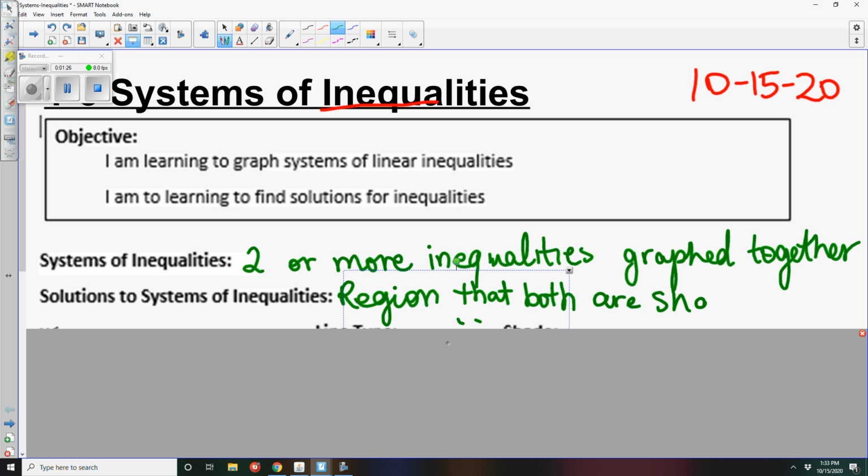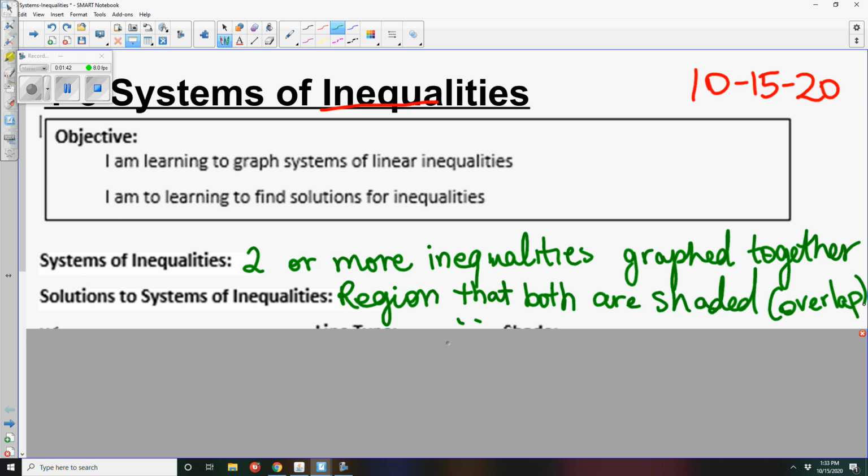And one way to kind of look at it is like where they overlap. Because your one inequality will be shaded, your second inequality will be shaded, and you want that shared region where they're both shaded.